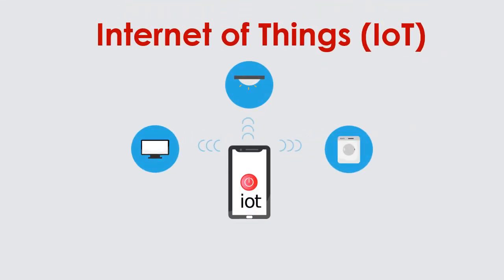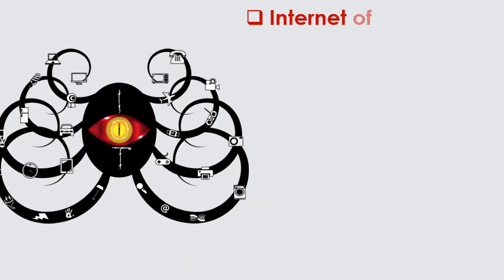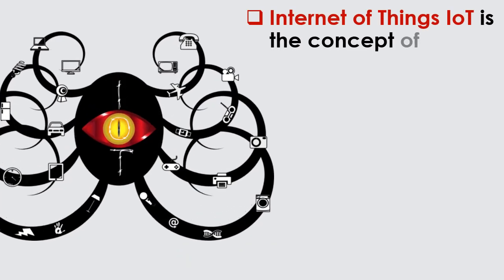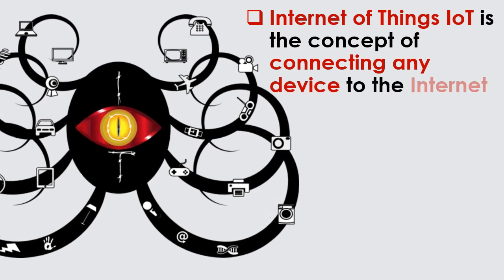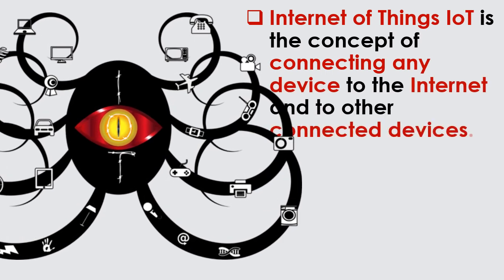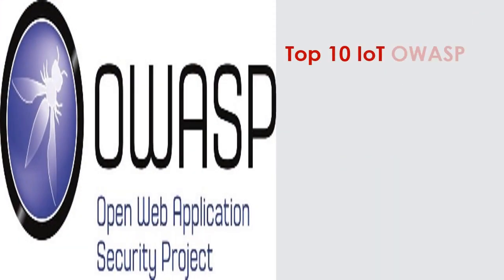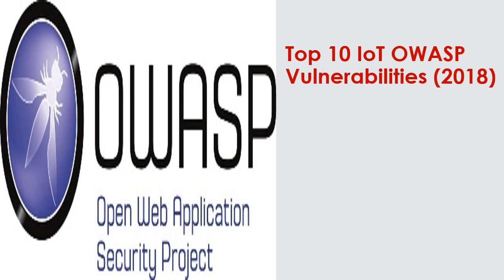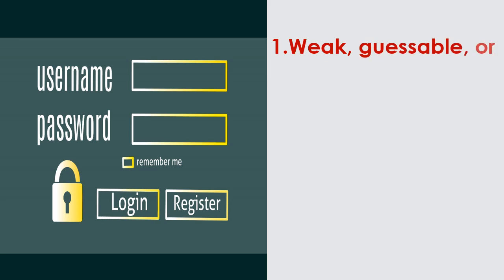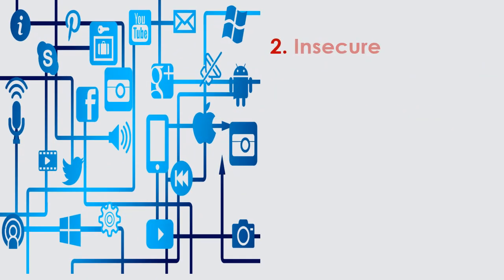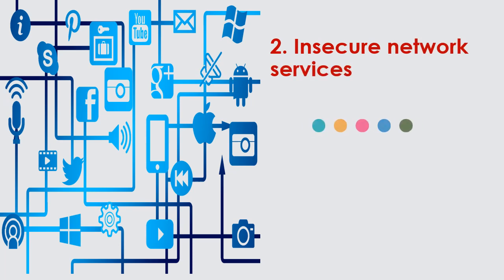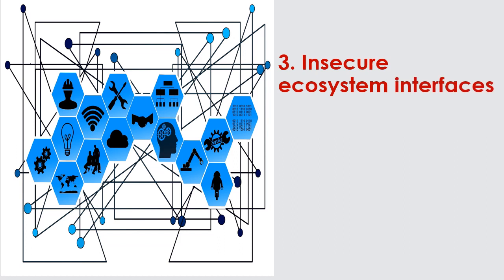Internet of Things, IoT. Internet of Things, IoT, is the concept of connecting any device to the Internet and to other connected devices. Top 10 IoT OWASP Vulnerabilities, 2018. Weak, guessable, or hard-coded passwords. Insecure network services. Insecure ecosystem interfaces.